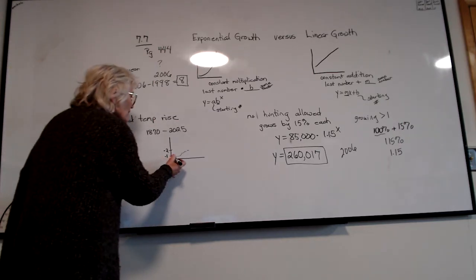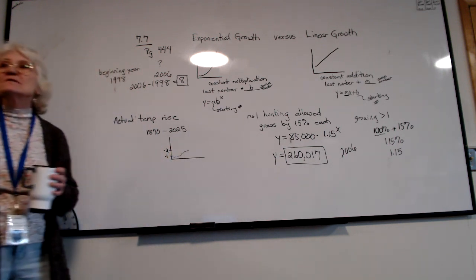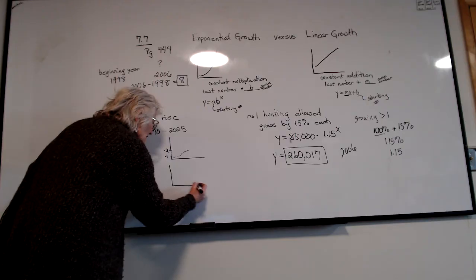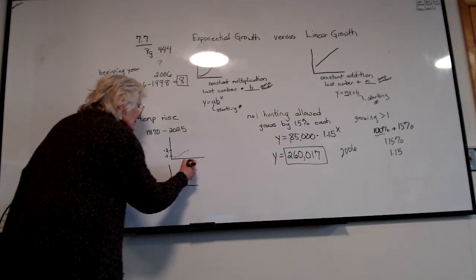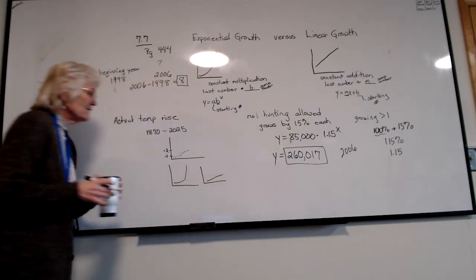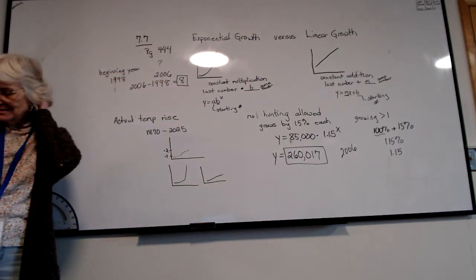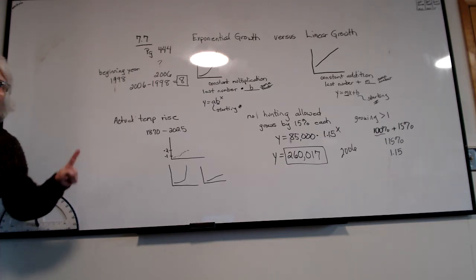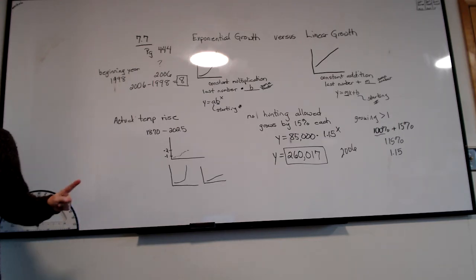So they have tried to fit exponential models to this. Someone does an exponential model and it fits. Another person does a linear model and it fits. So it fits on both. You can get both of them to statistically be okay.